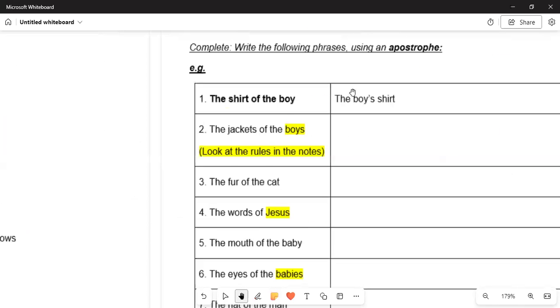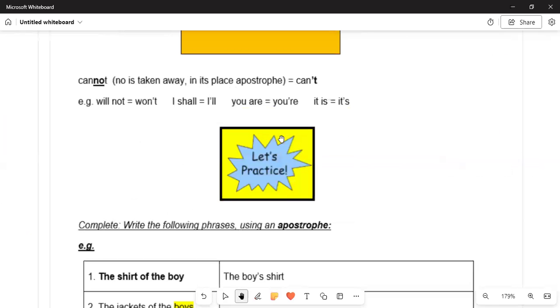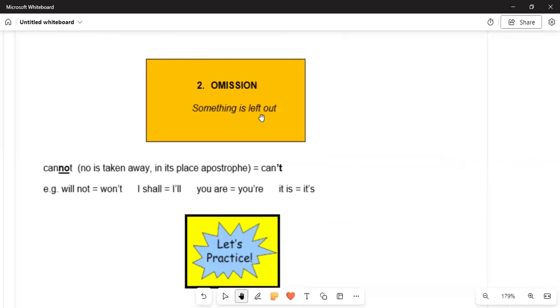If we are moving on, omission is something that is left out. You omit something. So how can we know that there is something that is left out? An example I have just made here: cannot. Can you see there is cannot?